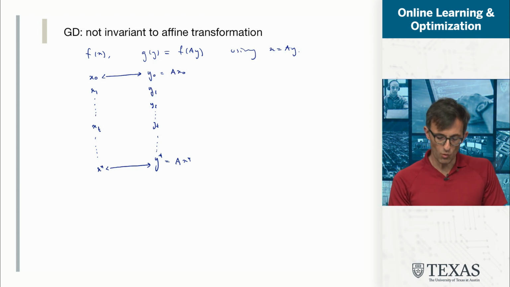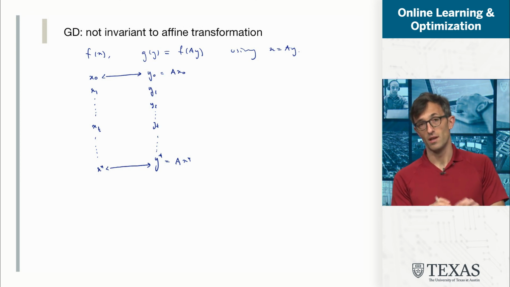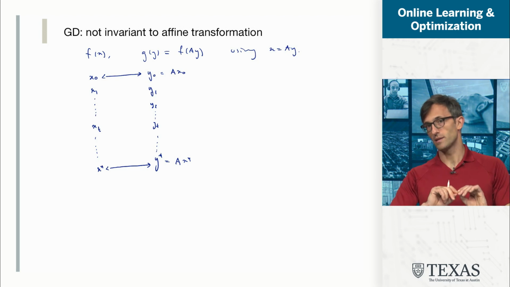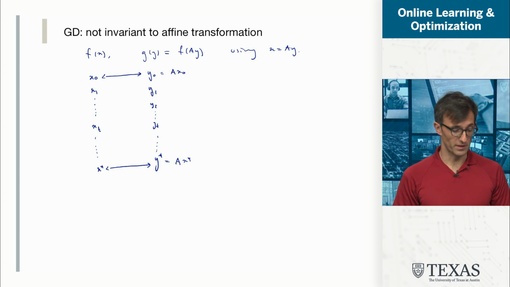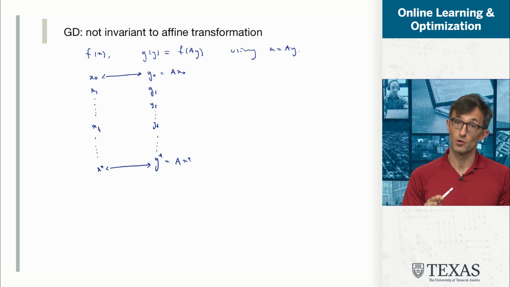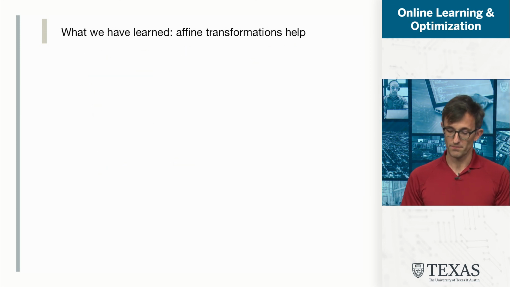So what we see here is that gradient descent is not invariant to affine transformation. By transforming the space and doing gradient descent in the transformed space, we actually are going to take a different path and possibly a faster path. Again, even though we might start and end at the same location.